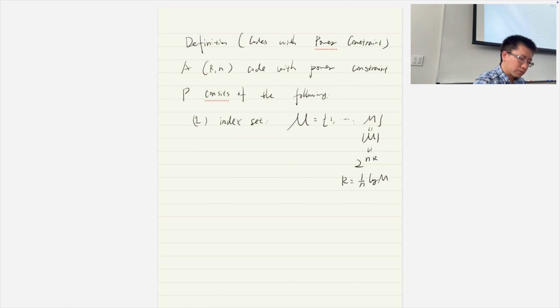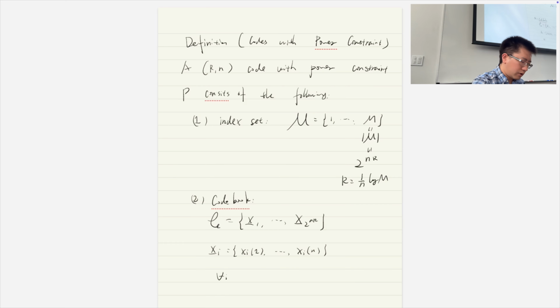Second one is the codebook. The codebook definition, again, is very similar to before, but we need to give the power constraint here, right? So in the codebook, we have x1 till x_{2^{nR}}, so that's all the codewords. And for each x_i, we have x_i1 to x_in, okay?